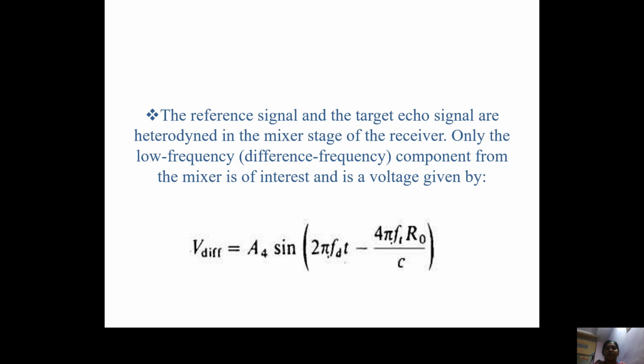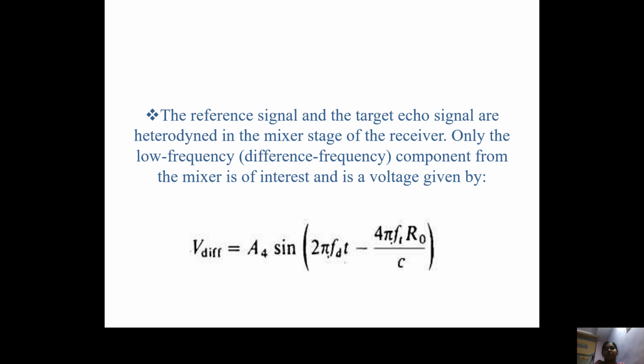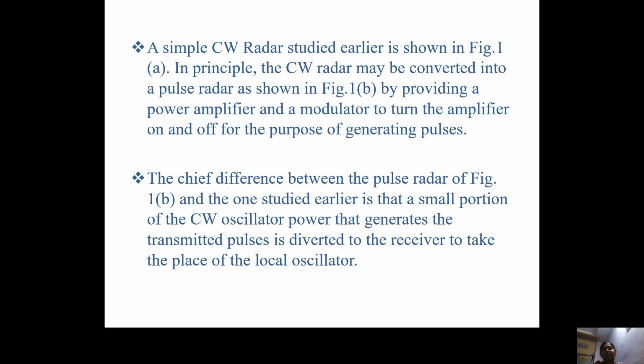I showed you previously the phase of the echo signal received at the receiver, and it is the same, 4π ft r0/c. Check once more. So there is no change in the phase. This is nothing but coherence. Did you understand? That is the advantage of the moving target indication continuous wave oscillator.